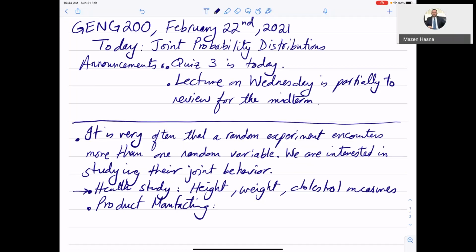Also in product manufacturing, usually the side dimensions and the length dimension interact with each other.